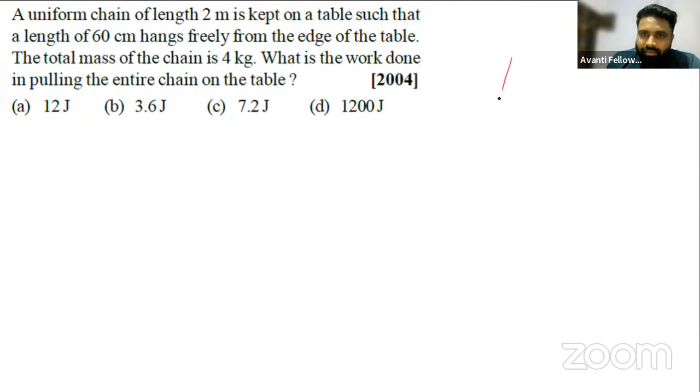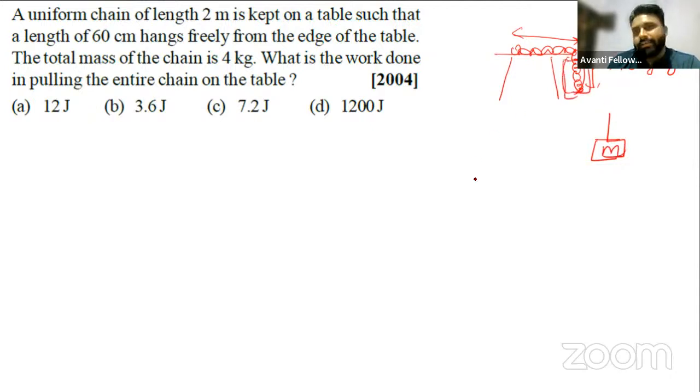Okay. Let me tell you one concept in this type of situation. Look, this is the chain which is partially on the table and partially hanging. So what you will do in this type of situation, the hanging part you will consider as a block of mass exactly equal to the mass of the lower portion which is hanging.